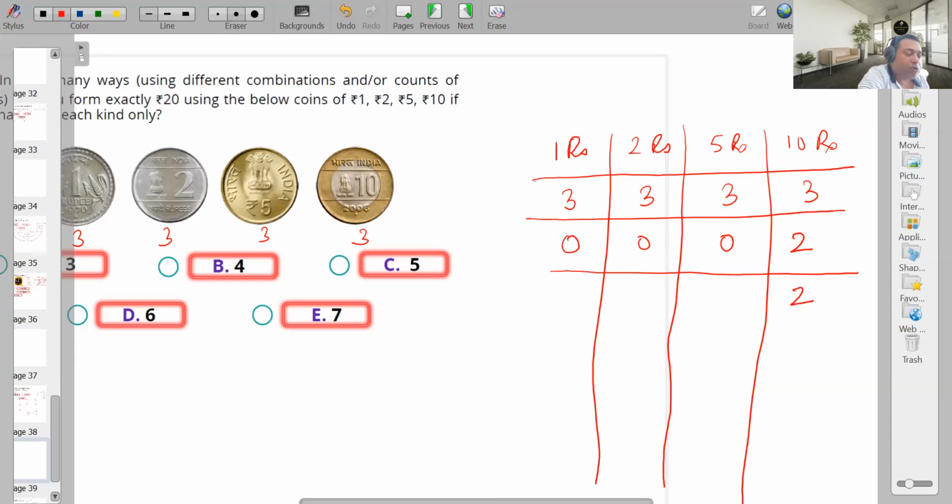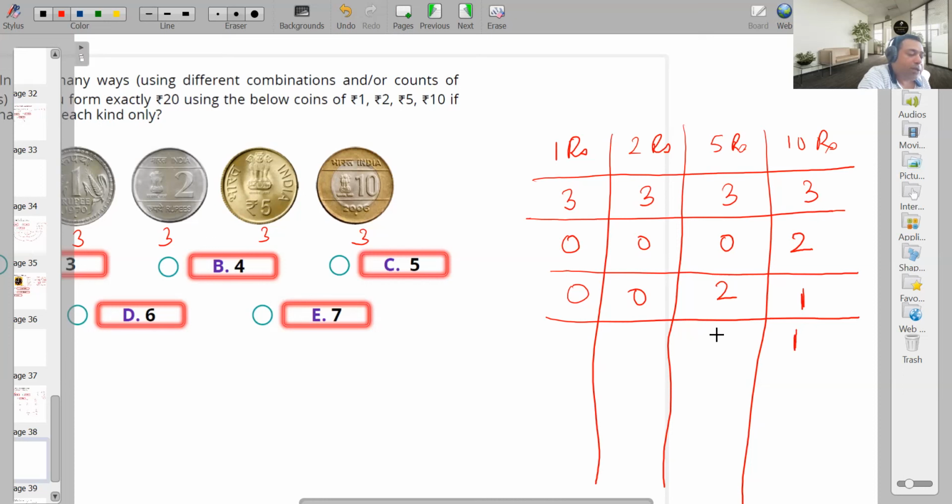So we have one 10, and we replace one 10 rupee coin with 2 five rupee coins. This will also give us 20 rupees.